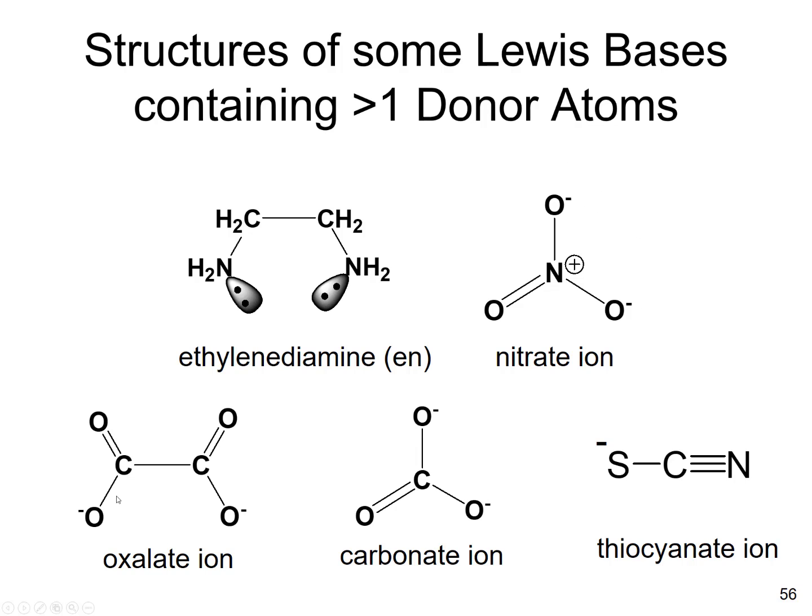Other bidentate species would be an oxalate anion containing 2 oxygen donors, or you can also have a carbonate ion, which also has 2 sites for interaction with Lewis acids. And the last example is the thiocyanate ion, which still contains a lone pair here at this nitrogen, and it has lone pairs at the sulfur. So potentially it can actually bind to 2 different metal ions as Lewis acids.